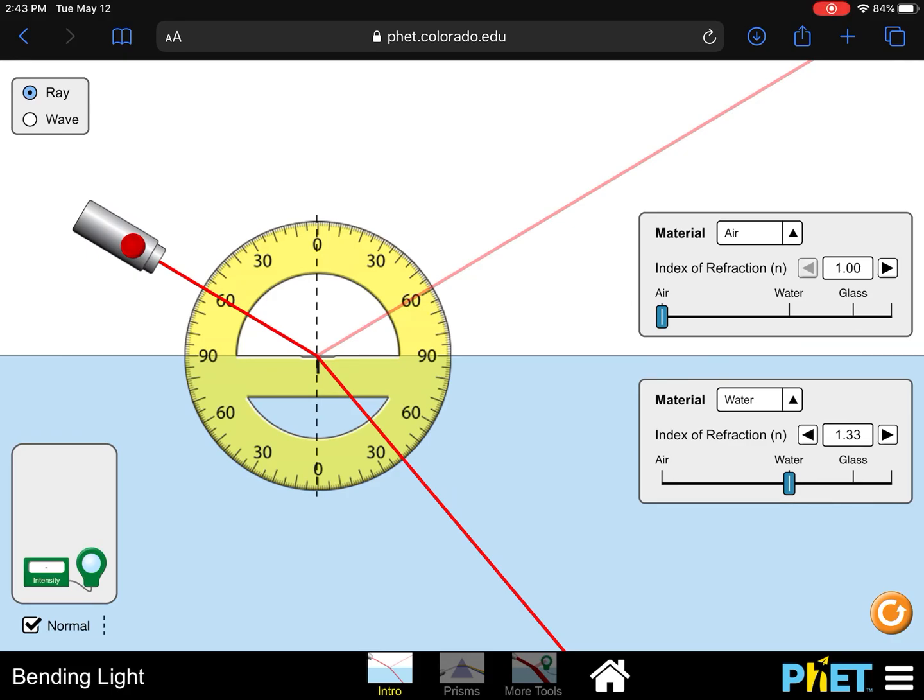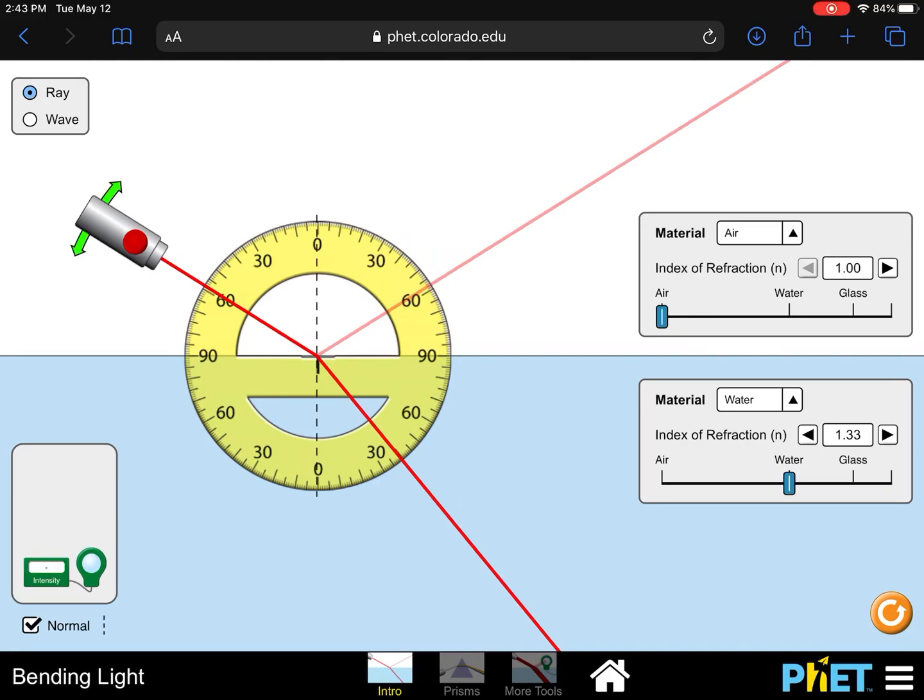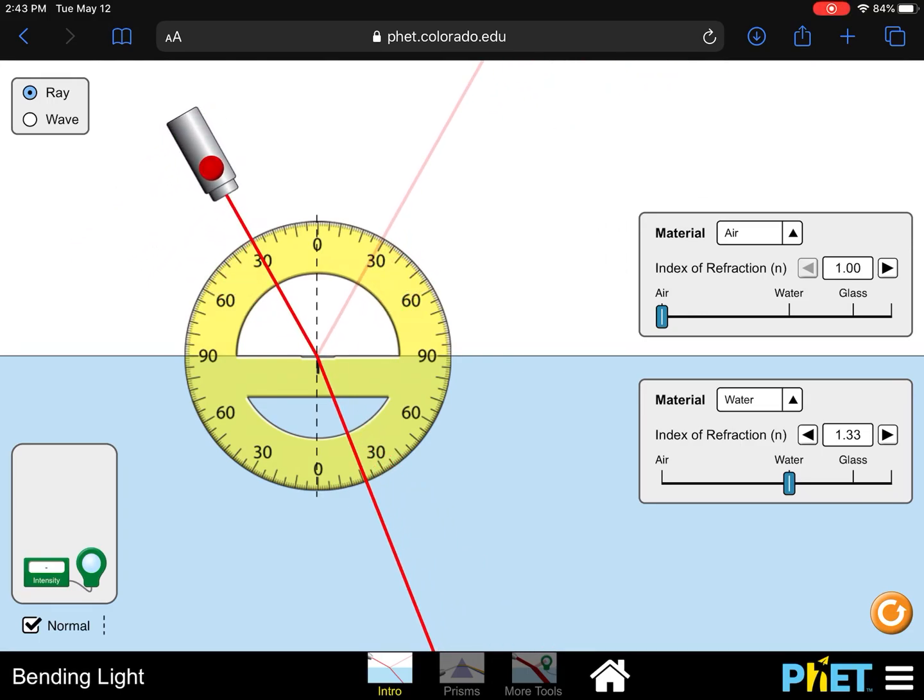So in a lab, in class, what I would have given you are some different ways to look at an object through a piece of clear plastic, and we could change those angles and see how the light bent. So let's do it like this. Our angle of incidence is 30 degrees. We're looking at the top of the screen.